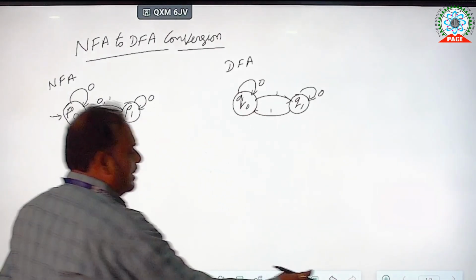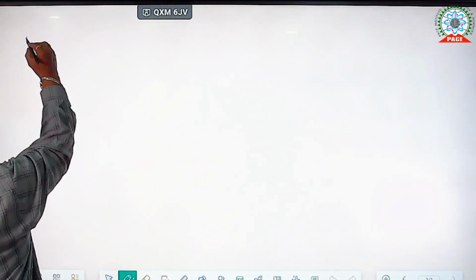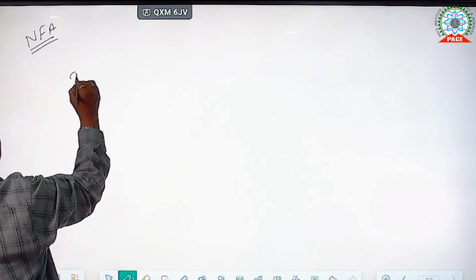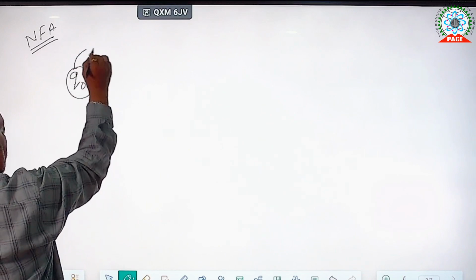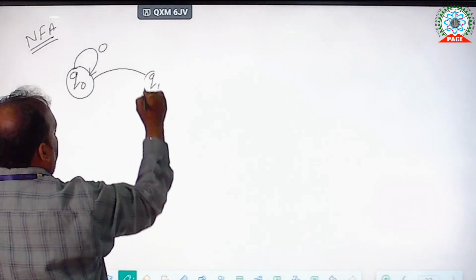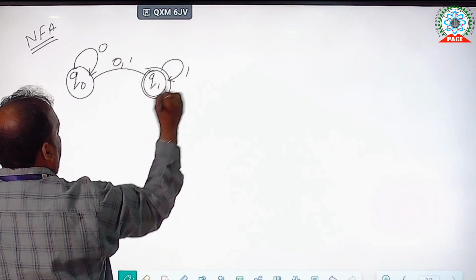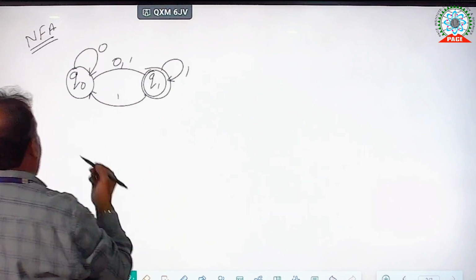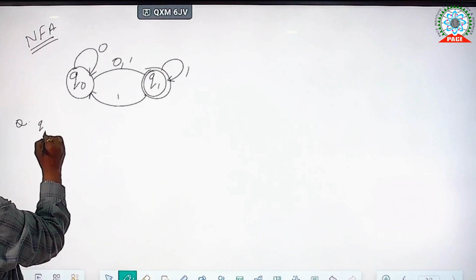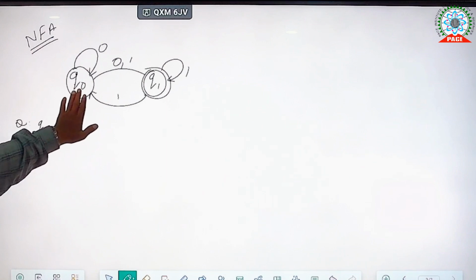Let us take another example for conversion of NFA to DFA. Here I am taking an NFA diagram like this. The states we are taking in the NFA are Q0 and Q1.